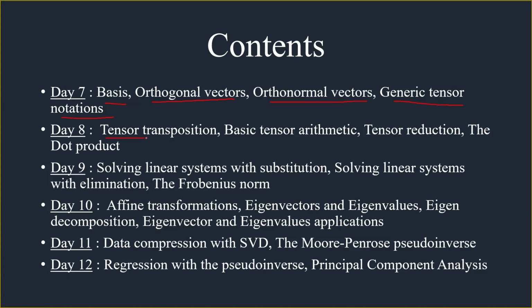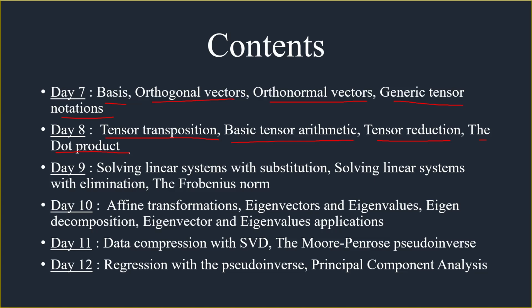Yesterday we learned about tensor transposition, basic tensor arithmetic, tensor reduction, and the dot product. From day 1 to day 6, we learned about matrices, what types of matrix there are, and arithmetic like addition, subtraction, and multiplication.